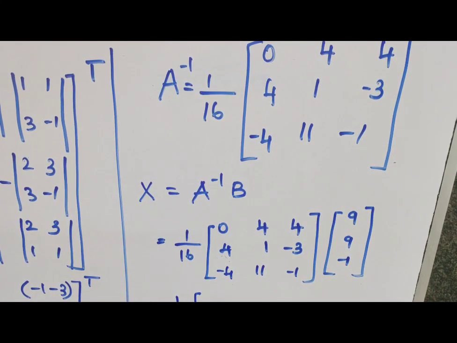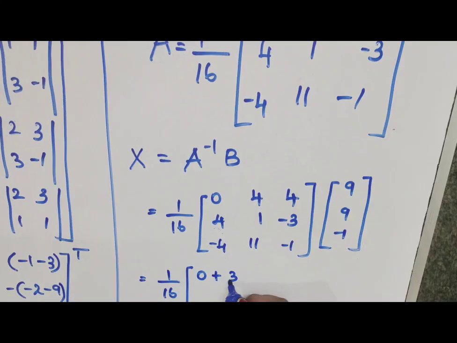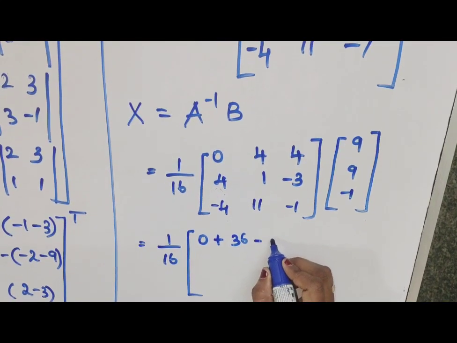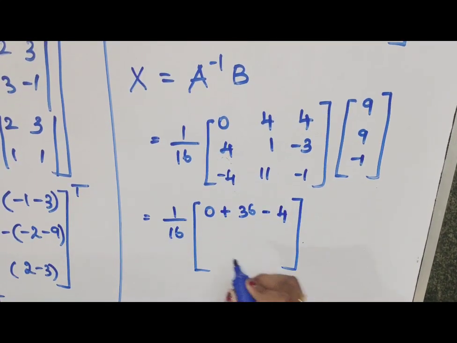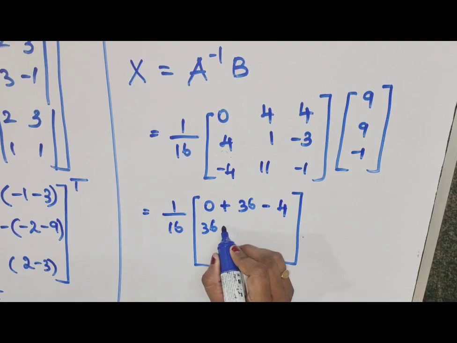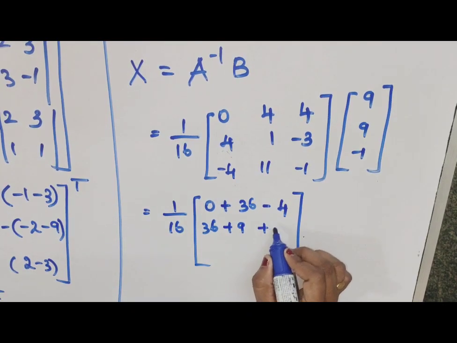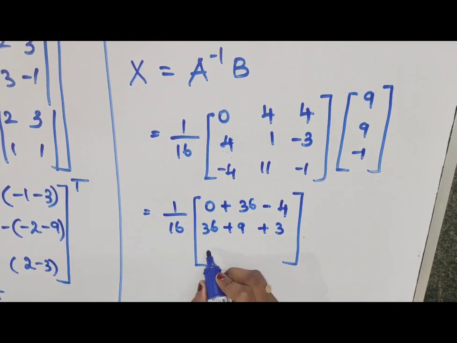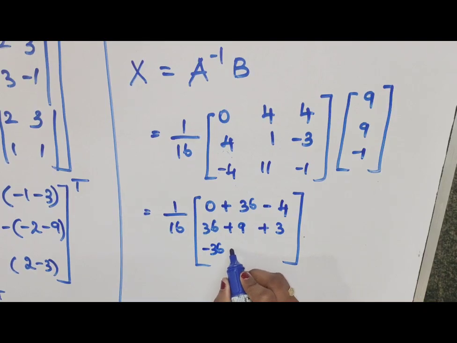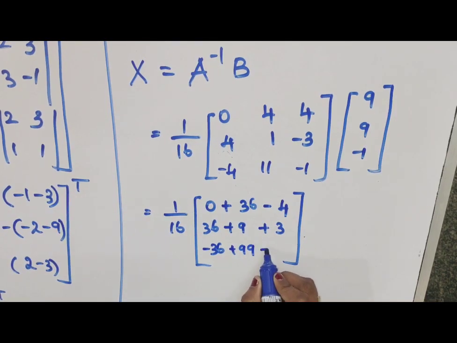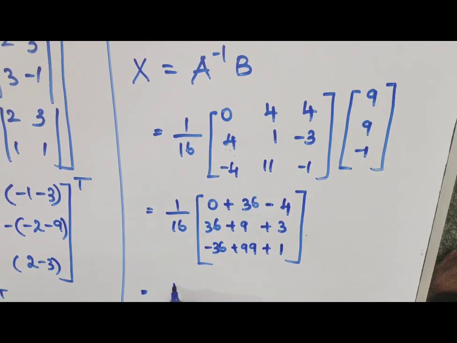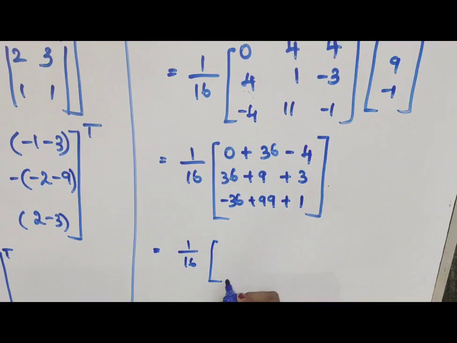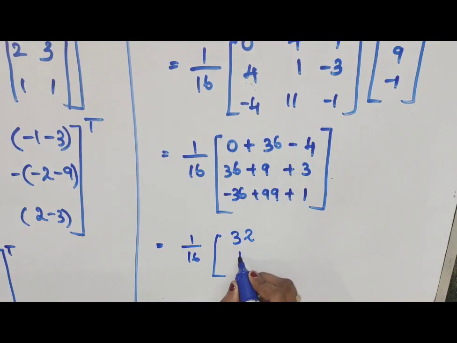1 by 16, 0 into 9 is 0, plus 36, minus 4. Next, 9 4s are 36, plus 9, plus 3, minus 36, plus 99, plus 1. So 1 by 16 into 32, 48, 64.